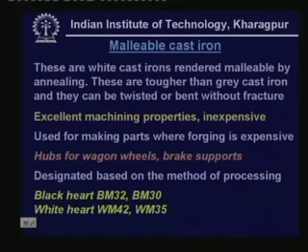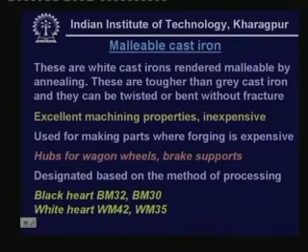Now these are tougher than grey cast iron. Now what is tougher? We will learn later on. Toughness is somewhat a mixture of strength and ductility. So it has a good amount of strength, and at the same time stretching characteristics. That's the reason it can be twisted or bent without any fracture taking place.